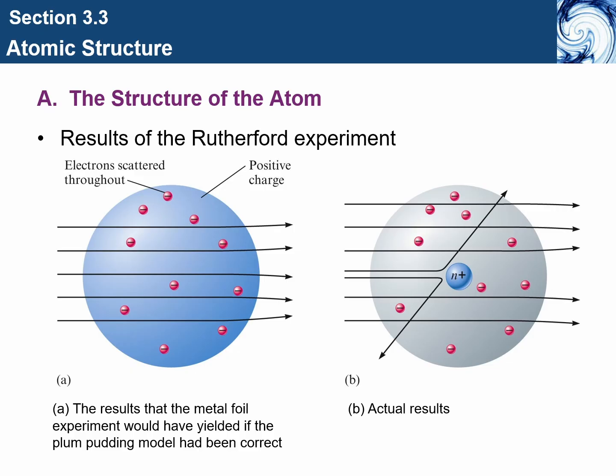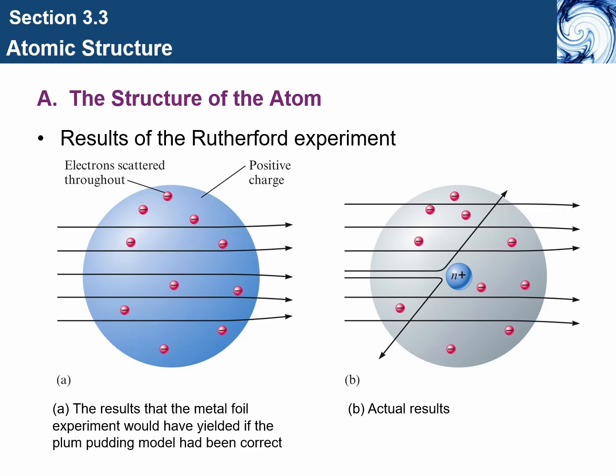This diagram is going to compare the predicted results, which are the ones on A, versus what they actually saw, which is on B. On the left, the plum pudding model predicted that the alpha particles should pass through the atom with only small changes in direction because the positive charge is spread through the entire volume. On the right, the actual results show that most of the particles pass straight through, but a few were strongly deflected.